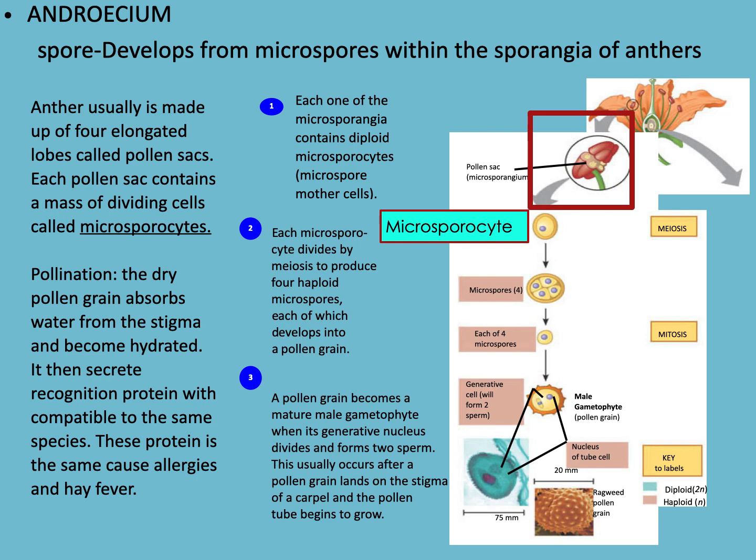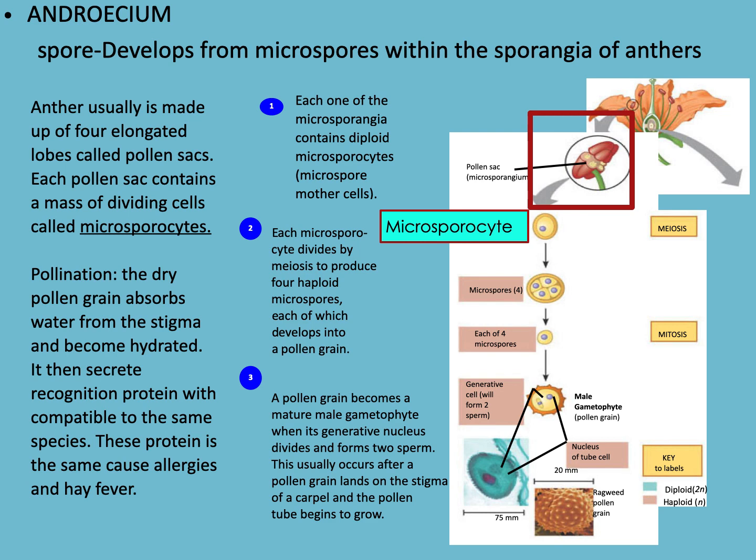After the pollen grains are matured, the anther wall splits open and the pollen is shed. Pollen grains are transported to the stigma of an adjacent or distant flower. This process is called pollination. The dry pollen grain then absorbs water from the stigma and becomes hydrated.